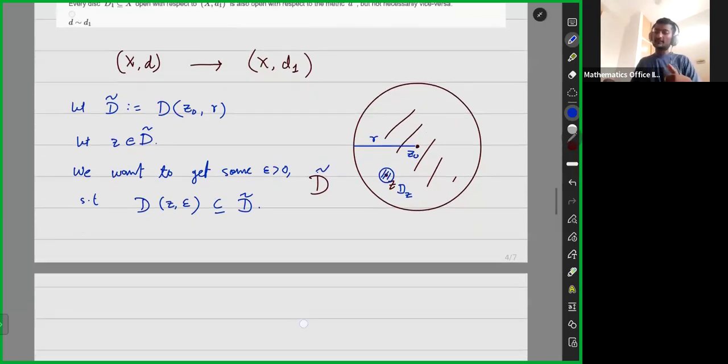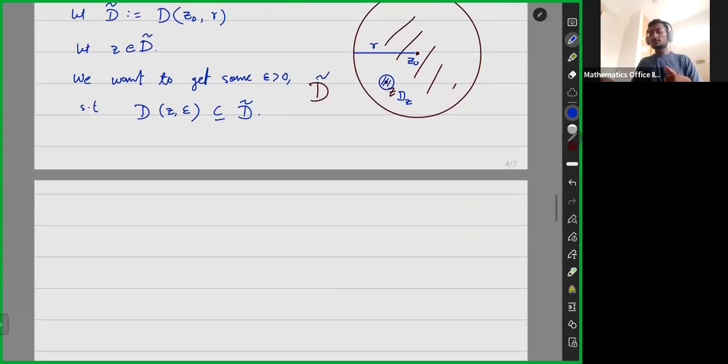Now it is clear. We want to get an epsilon. How to get this epsilon? That is the problem to solve.